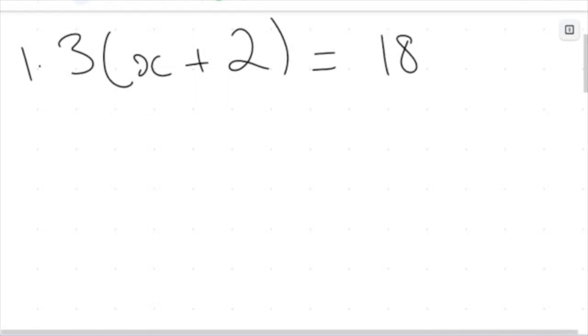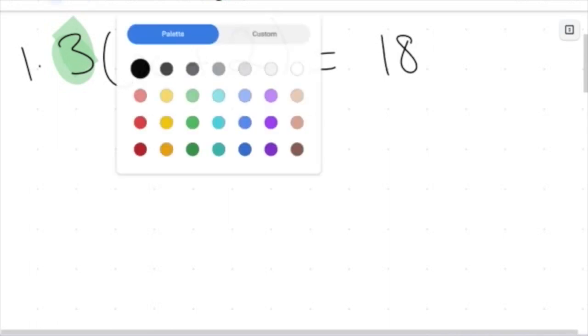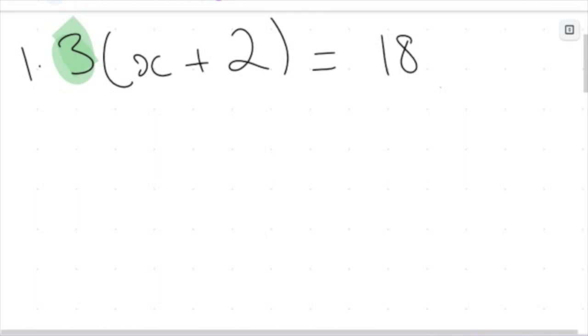So I can say, 3 was multiplied by x plus 2 to give me 18. So what should x plus 2 have been? Let me draw my little arrows like I've done before. 3 is multiplied by some number to give me 18. How can I find that mystery number, x plus 2?